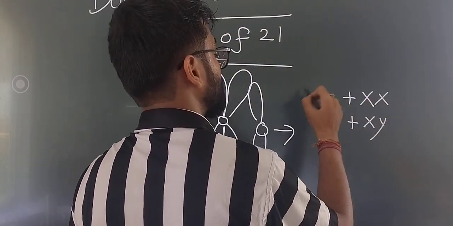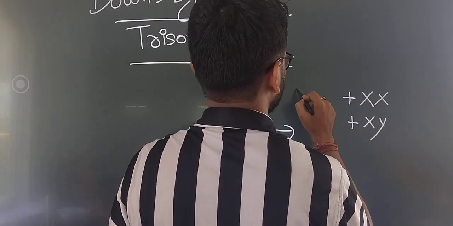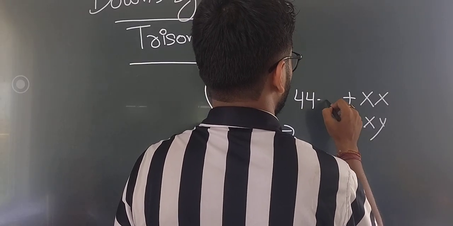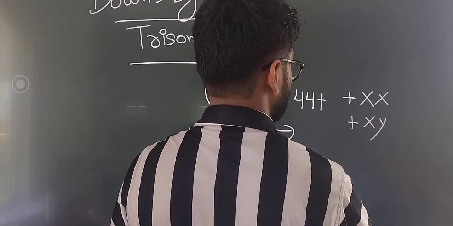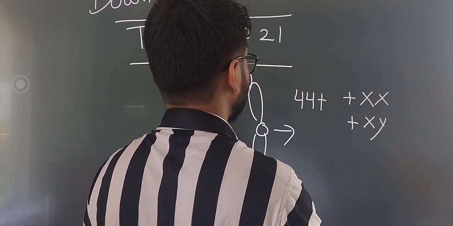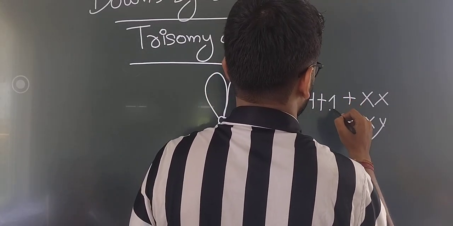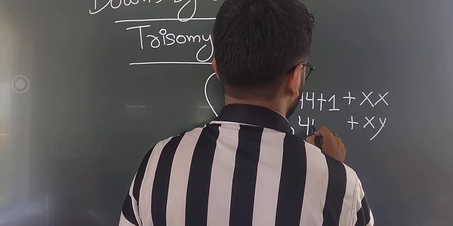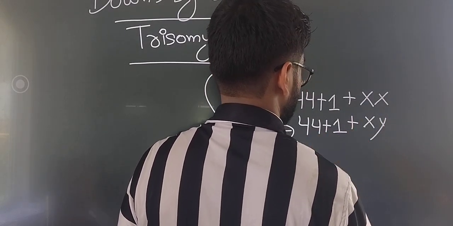Okay, 2n, that is 44, plus 1 plus XX, and 44 plus 1 plus XY.